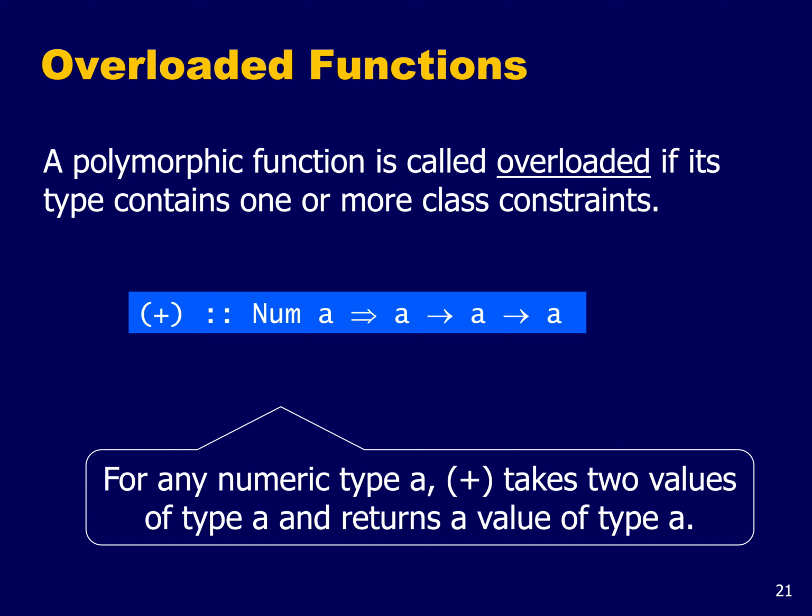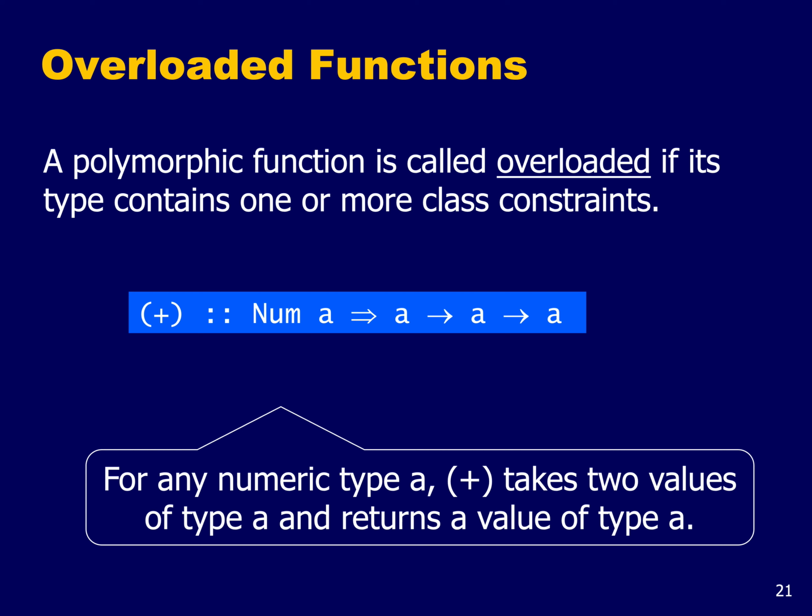And then we have the real type of the function, which takes two A's and then gives back a single A. So it's a curried function. It takes two numeric values of type A and gives you back a single numeric value of type A. If you want to say this more concisely, that's in the callout box at the bottom. What the type expresses is: for any numeric type A, the addition operator takes two values of type A and returns a single value of type A.